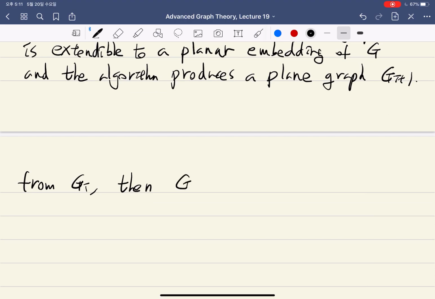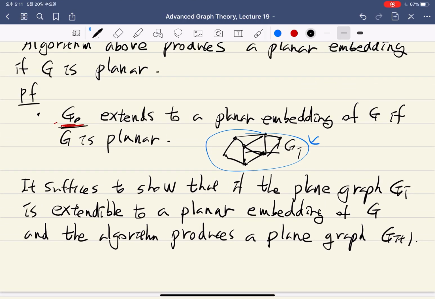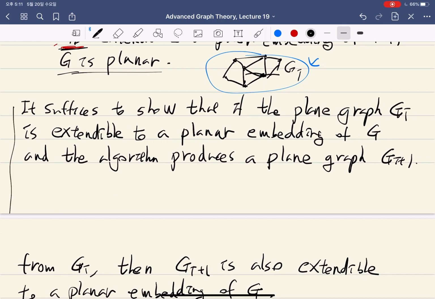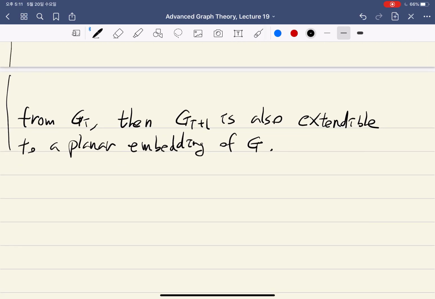Then we want to show that this GI plus 1 is also extendable to a planar embedding of G. Since we know that G0 is extendable to a planar embedding of G, if G is planar, if we prove this, then we can show that G1 is also extendable, and G2, G3 are extendable, and we can say Gm is extendable when Gm is G. So that means G is planar. We get a planar embedding Gm, which is exactly G, already embedded on the plane. So this produces a planar embedding.